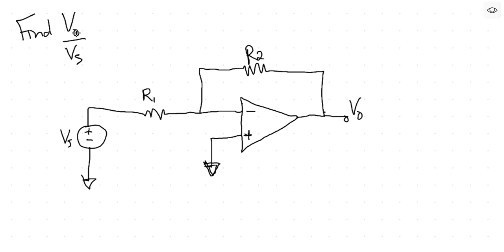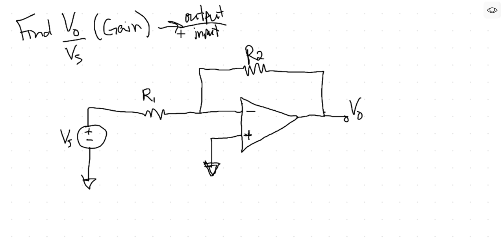When they say find V out over Vs, they're really saying find the gain of this stage. Because the definition of gain is output over input.